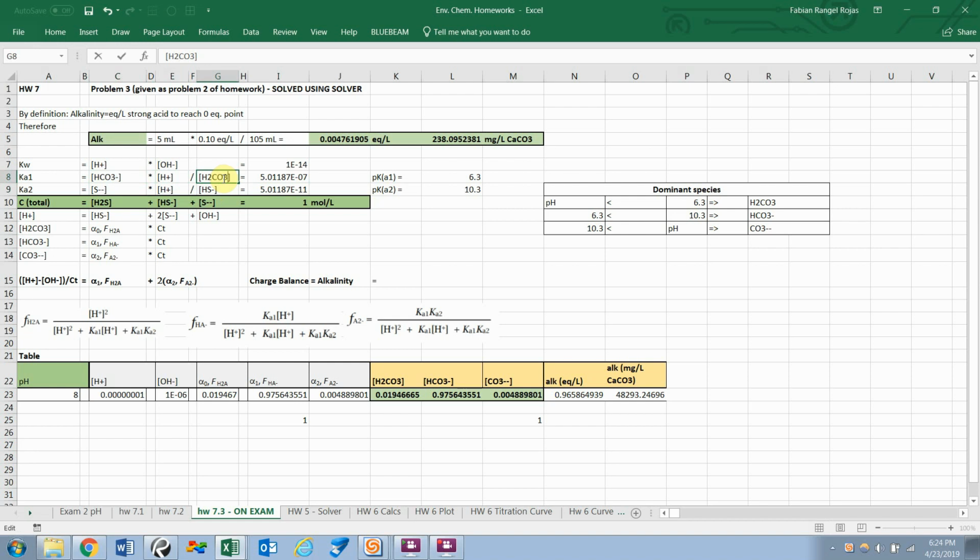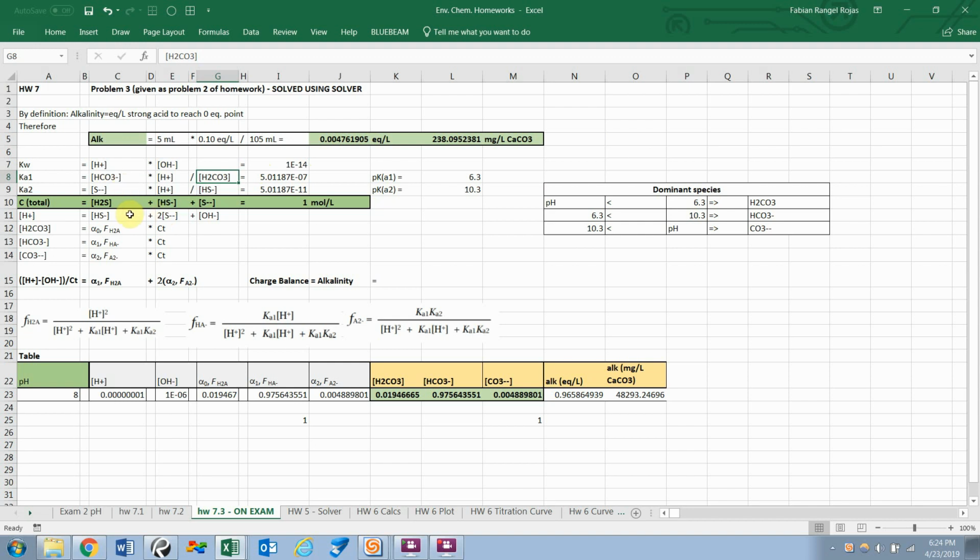You can imagine if we were doing this problem with sulfur instead of carbon, then you could just use HS minus here and H2S here. So this sort of approach can be used in different problems.